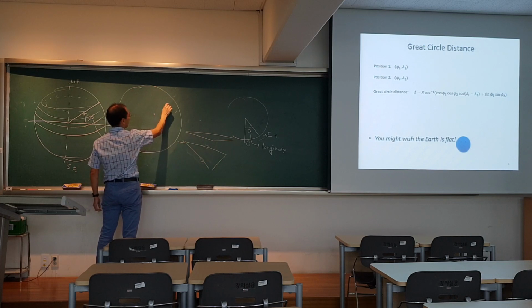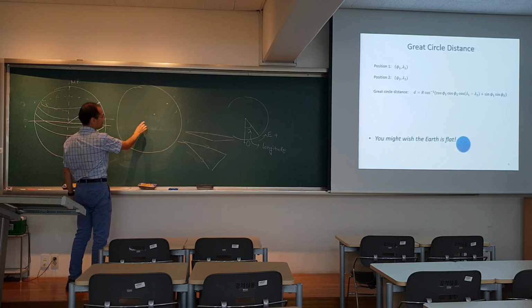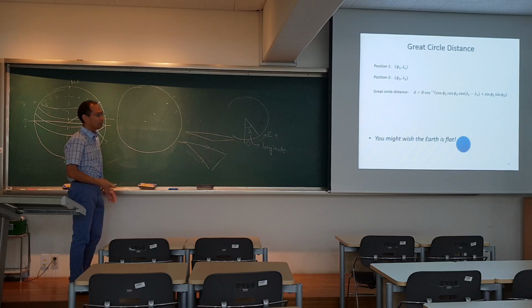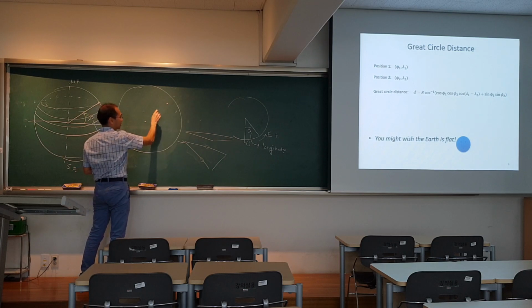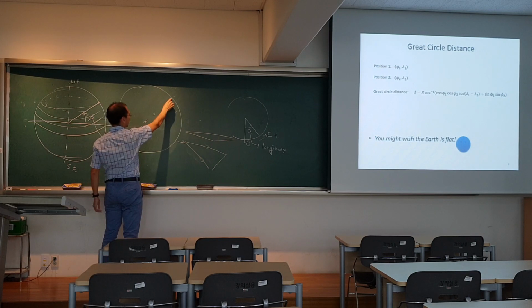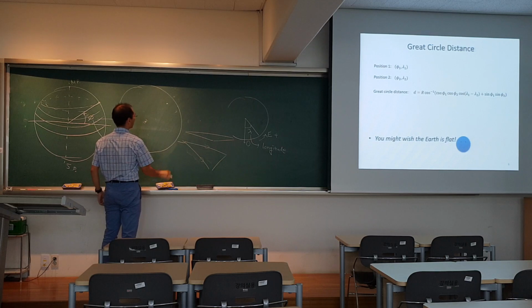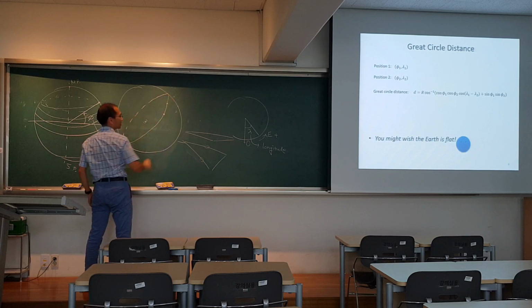So there are 2 points on the Earth, and basically, if you cut the Earth through these 2 points and the center of the Earth, so it's not the best picture. Let's say you cut it in this kind of a plane.